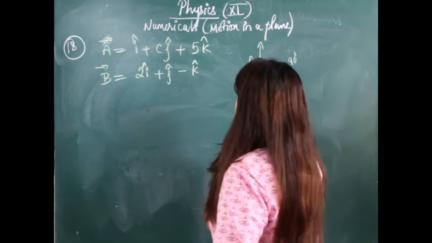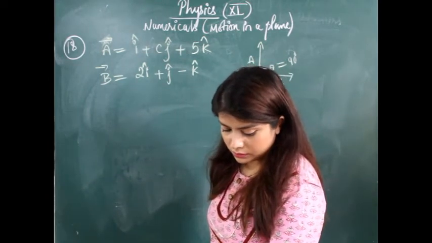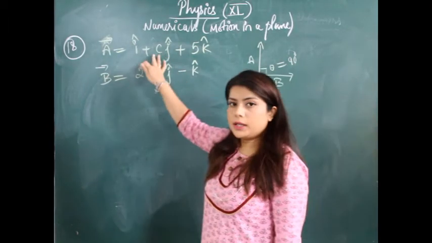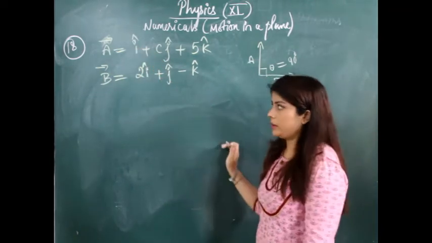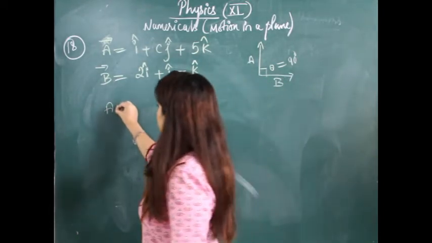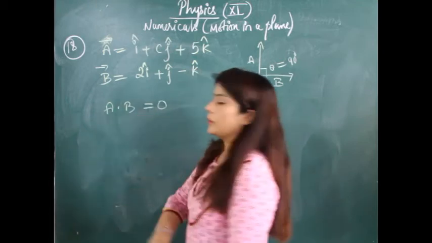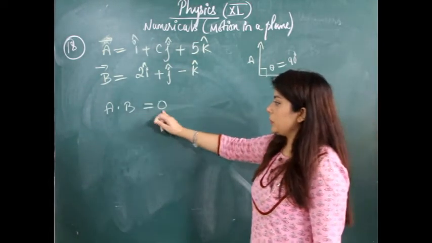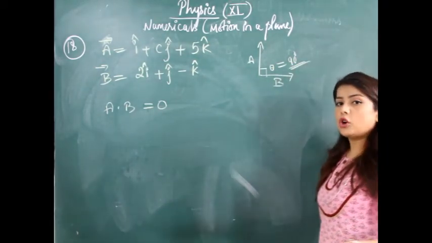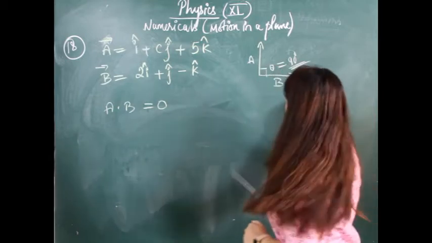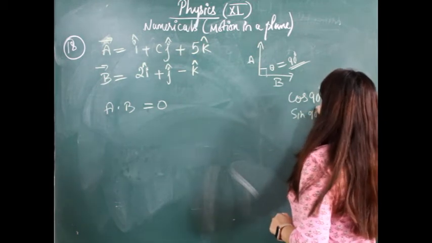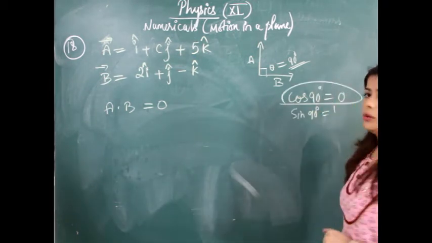So theta 90 degrees means you have to think in such a way. To find the value of C, we have to form an equation. That means A dot B should be 0. For the value to be 0, which one of cos or sine is 0 at 90 degrees? Cos 90 is 0, and sine 90 is 1. So we'll use cos theta.